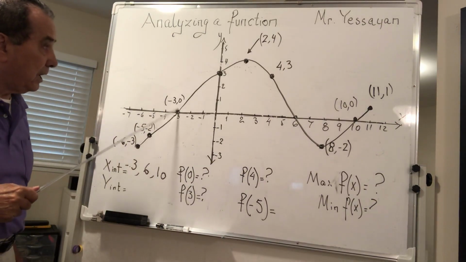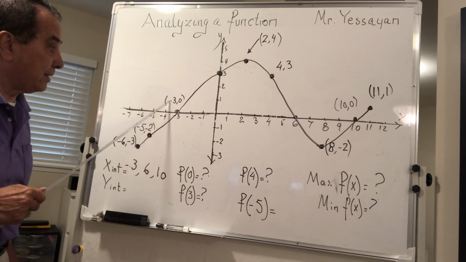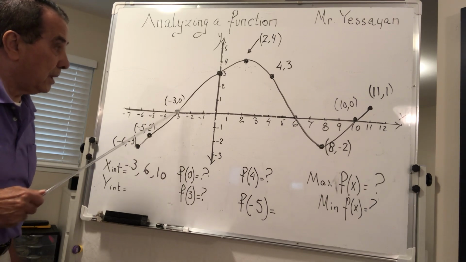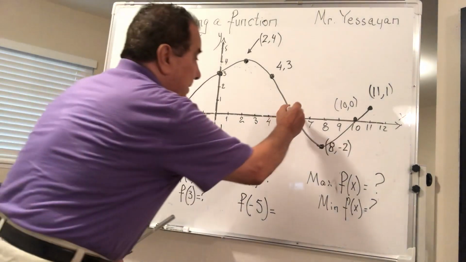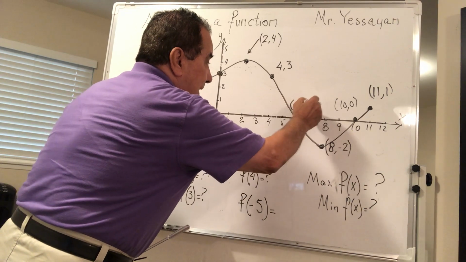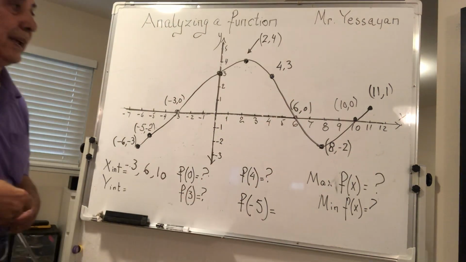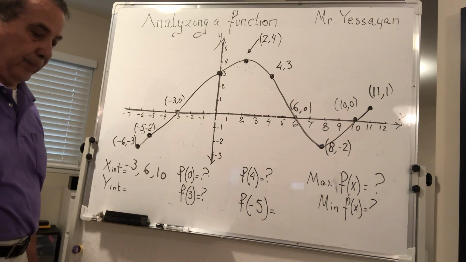Look at this point. There is no height, it's just lying over there. So, -3, y is 0. 6 and y is 0. Let me write down here 6. Always I put it like this: first the x-value, then the value of y. And then finally the other one is 10, 0.